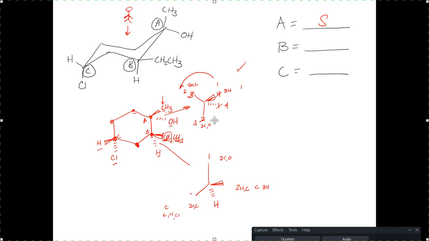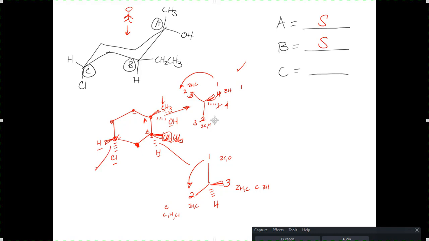Who wins? Chlorine wins. So this is number 2. That's number 3. Okay. 4 is away from me, so I don't have to switch anything. Going from 1 to 2 to 3 is now, again, counterclockwise, so B has the S configuration.